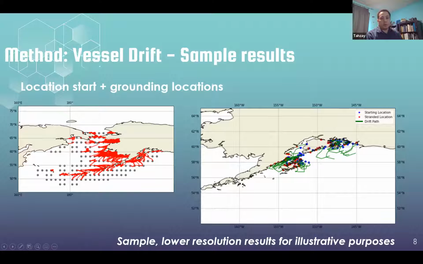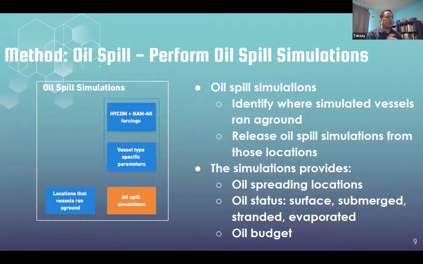So once the vessels were sent off and grounded in the simulations, we took all the locations where the vessels ran aground and said, all right, let's start a spill simulation from those locations where we had a grounding. And that simulation used effectively the NOAA model for oil spreading in terms of the status of the oil, whether we had surface oil, submerged oil, stranded oil, or evaporated oil.